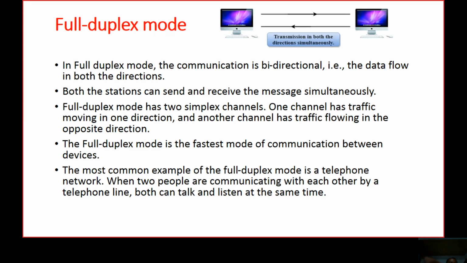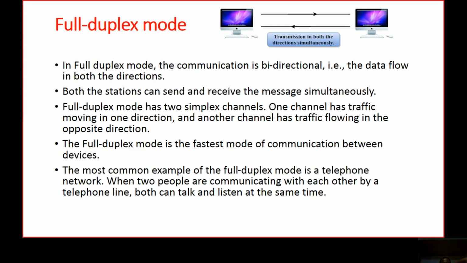In full duplex mode, the communication is bidirectional. The data flows in both directions. Both sides can communicate at the same time, sending and receiving messages simultaneously. Full duplex mode has two simplex channels. One channel has traffic moving in one direction, another channel has traffic flowing in the opposite direction.